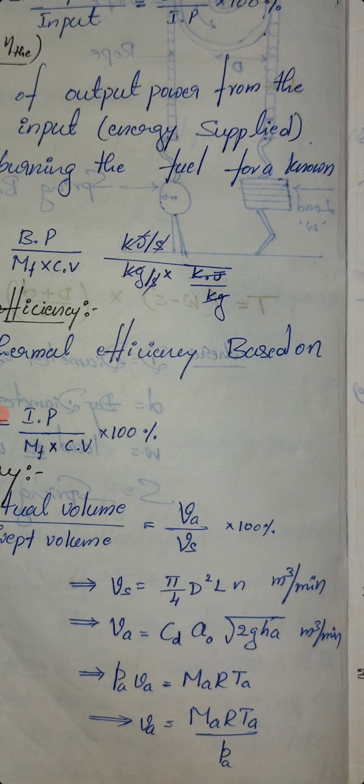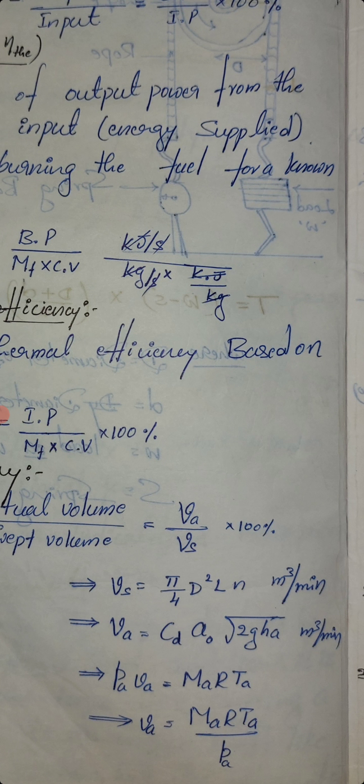Suppose we have a water manometer, we have Hw into rho w equal to Ha into rho a. Hw is the head of the water, rho w is the density of the water, which equals Ha, the head of the air, into rho a, the density of the air. We note down Hw, rho w, the density of water, which is 1000, and rho a, the density of the air, we are supposed to calculate.